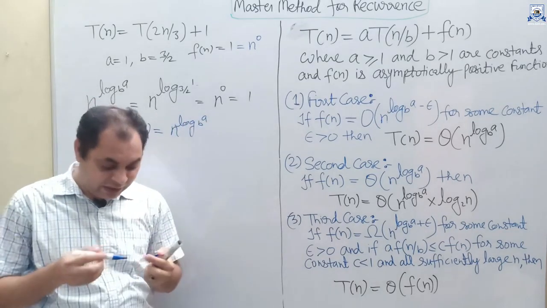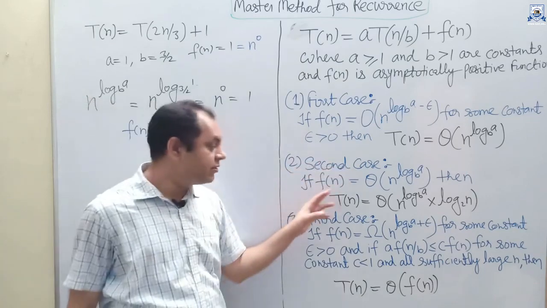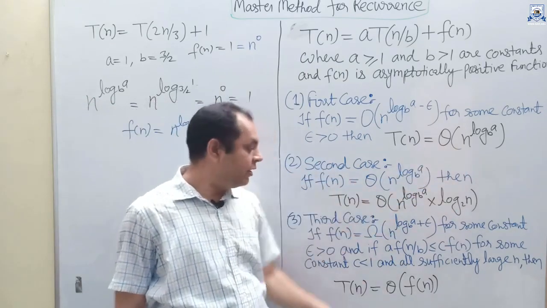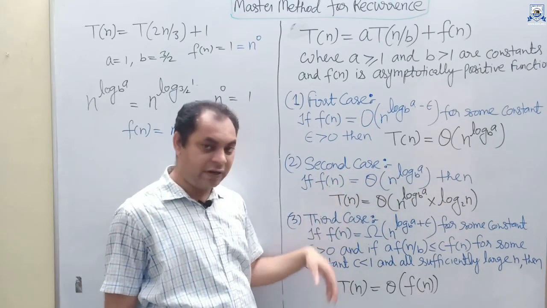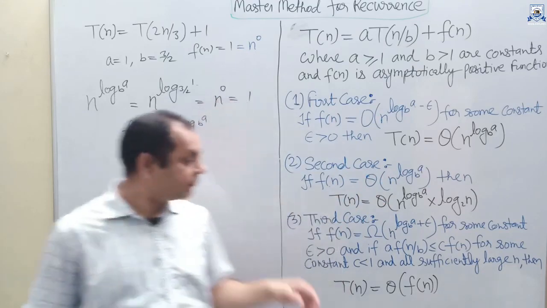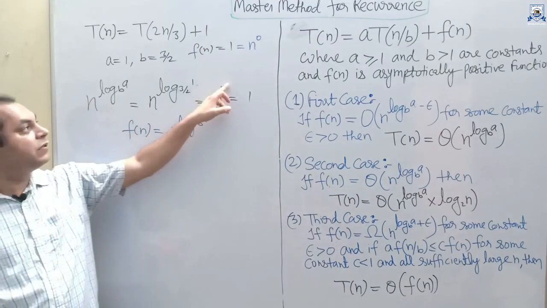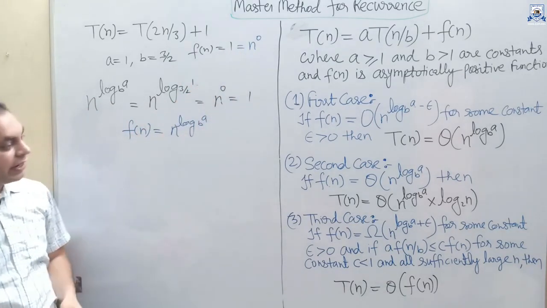In this case, if both quantities are equal, that means the second case is applicable. What is the second case? The second case was fn is equal to theta of n to the power log a at base b, which means both belong to the same polynomial order. In our case it is n to the power 0 on both sides, so both are equal. That means we can directly apply the second case.